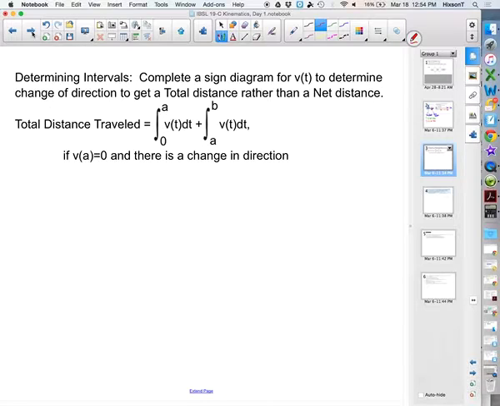So here we have our sign diagrams coming back, all right? So if we have a velocity function, we need to figure out where the velocity equals 0 and see if there is a change of direction. Are we going from positive to negative or negative to positive? Every time we change direction, that's going to define a new break in the intervals that we're integrating over.